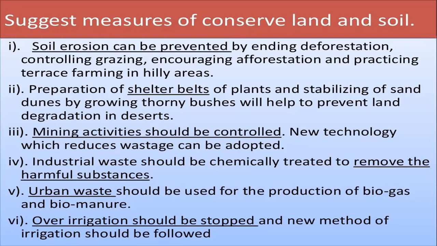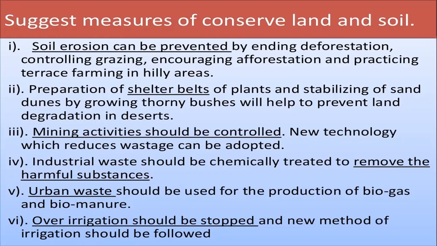The mining activities should be controlled. New technology which will reduce waste can be adopted. Industrial waste should be chemically treated to remove the harmful substances before it is mixed with the river.